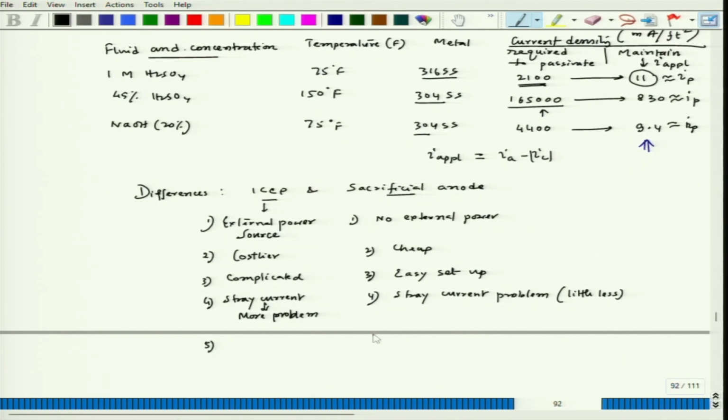Now, one important aspect is here driving potential is fixed.